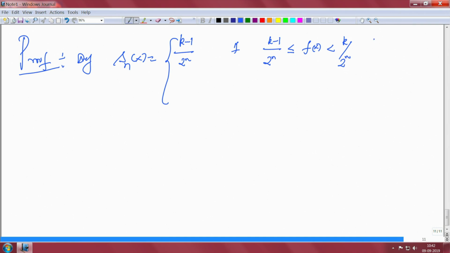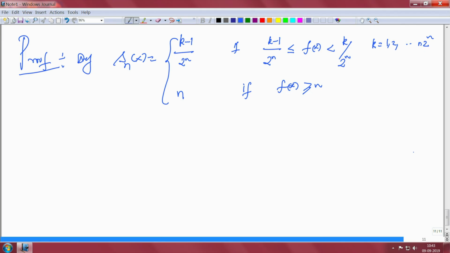Where does k go from? k goes from 1 all the way up to n times 2 to the n. So when k is n times 2 to the n, you have f of x less than n, and you take n if f of x is greater than or equal to n. That defines my simple functions.